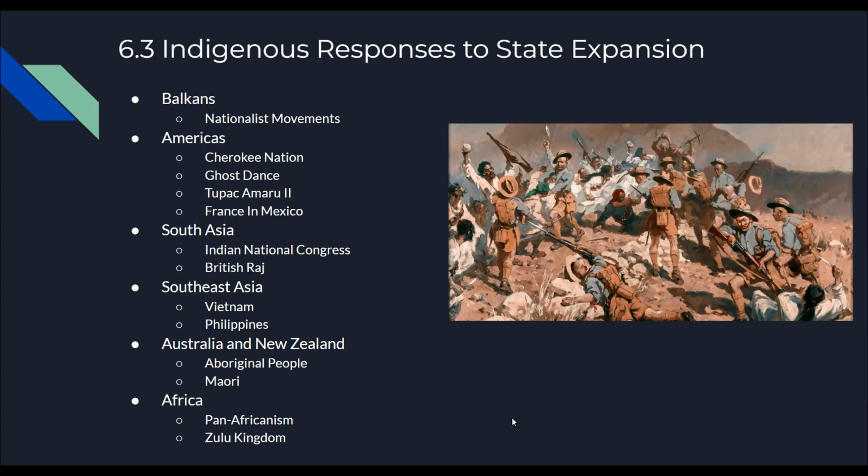So one example of this is the Cherokee Nation. The Cherokees were basically assimilated into white settler culture, and they adopted colonial methods of farming, weaving, building, and they even created an alphabet for their own language.